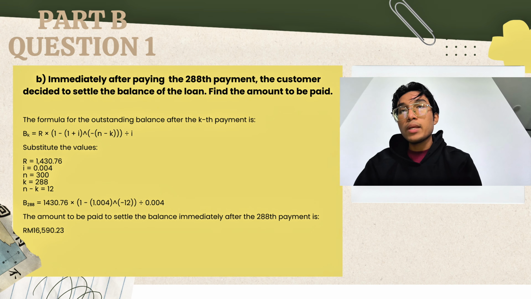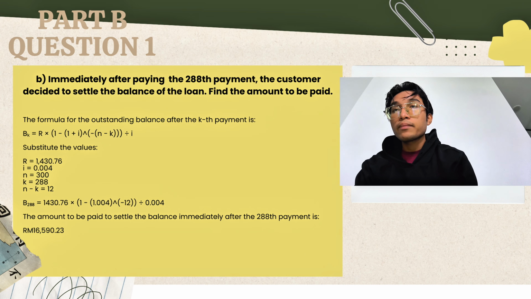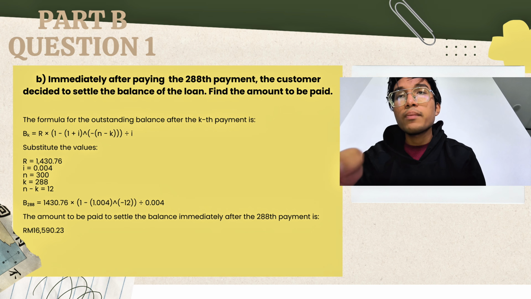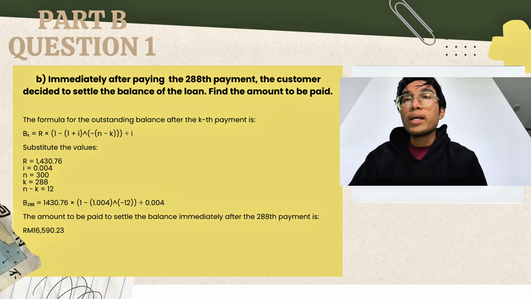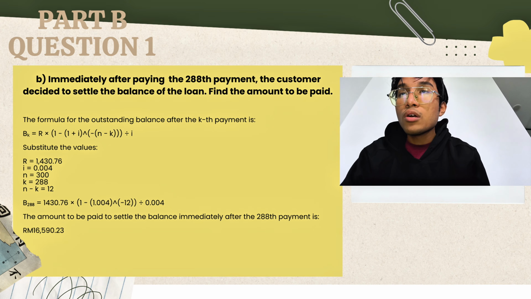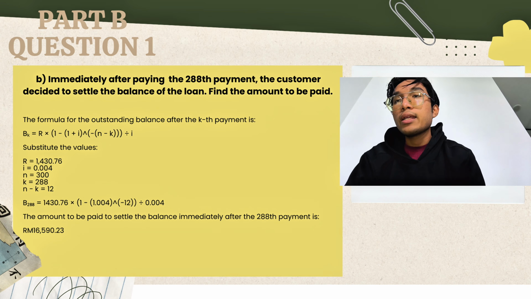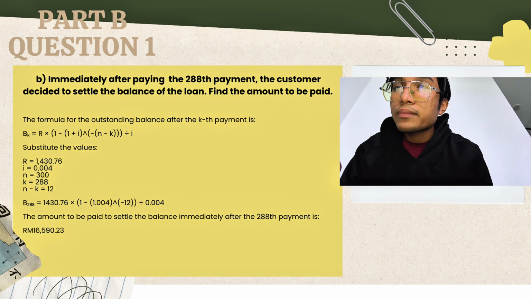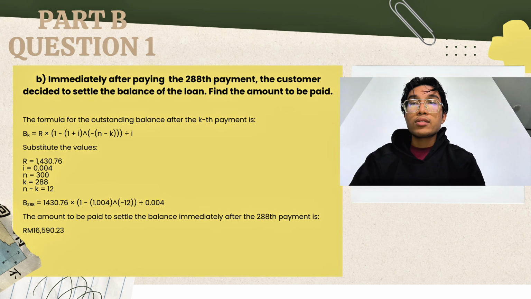The formula for the outstanding balance after the Kth payment is B equals R times [1 minus (1 plus I) to the power of negative (N minus K)] divided by I. So we substitute the values: R equals 1,430.76 ringgit, I is 0.004, N is 300, K is 288, and N minus K equals 12.